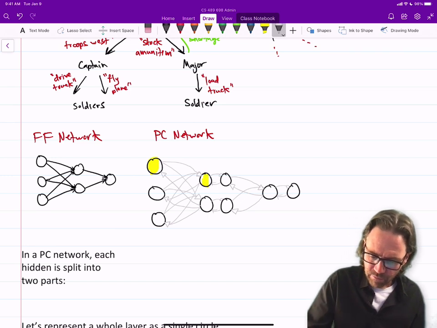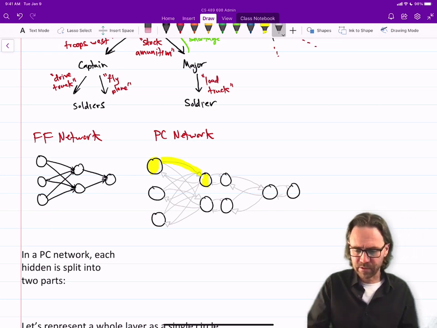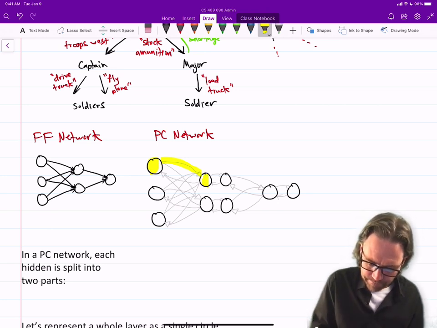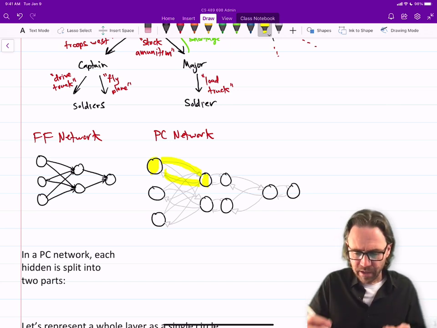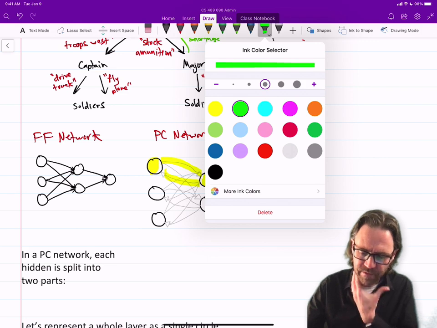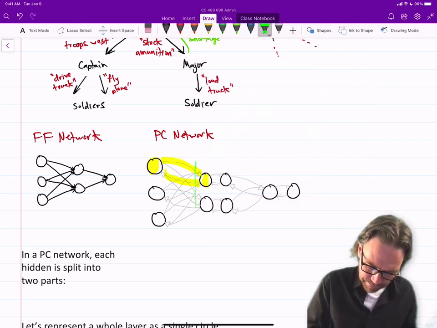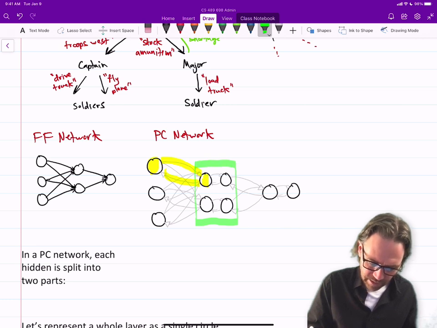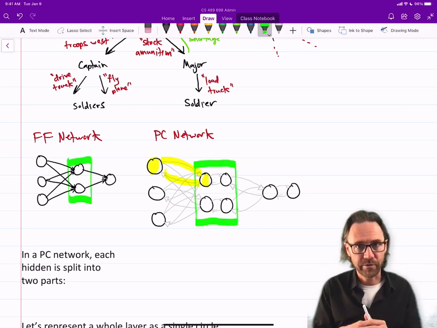You can see the one connection here. The other connection going backwards, I actually didn't make it. So between any two nodes, there are two connections. In addition, we have expanded each node into two pieces. So the hidden layer over here turns into this sort of double hidden layer here.